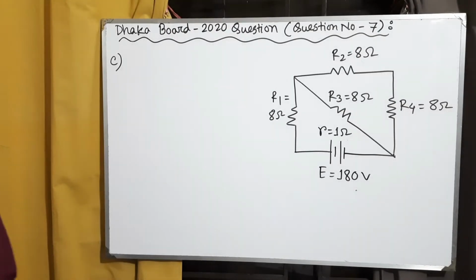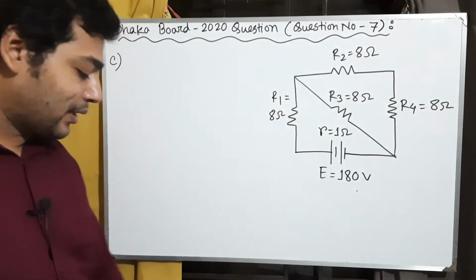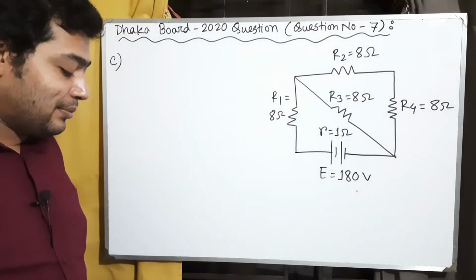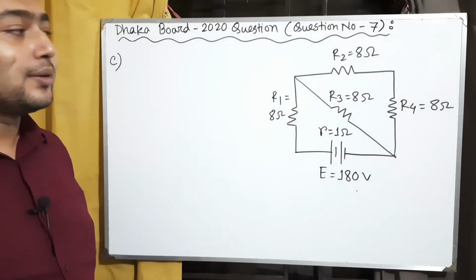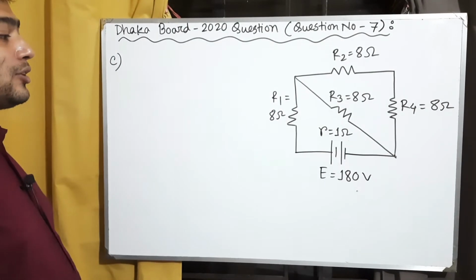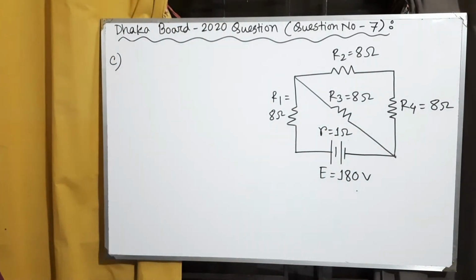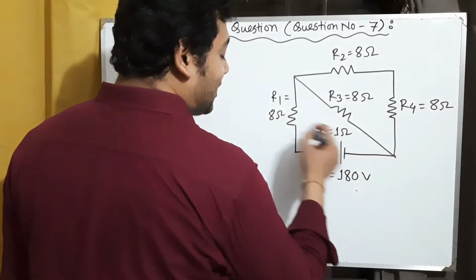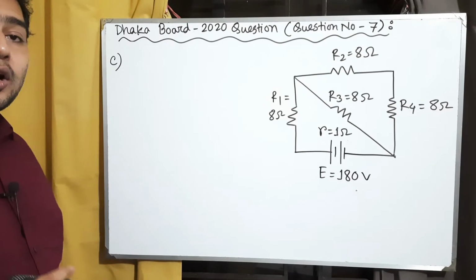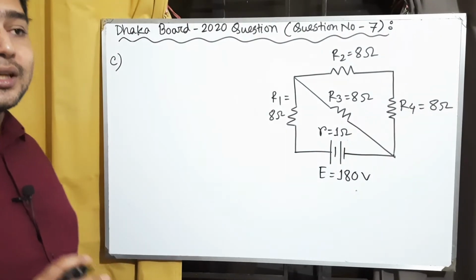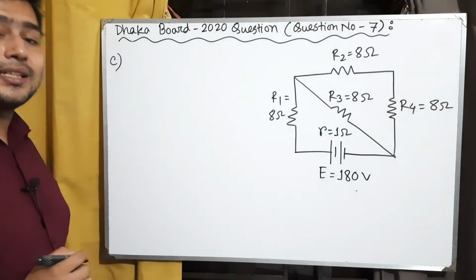Now we will discuss the answer for question C. The question is: determine the lost voltage of the circuit. Here you see that we have an internal resistance r. For this resistance we lose voltage, so we need to determine the voltage across this resistance.